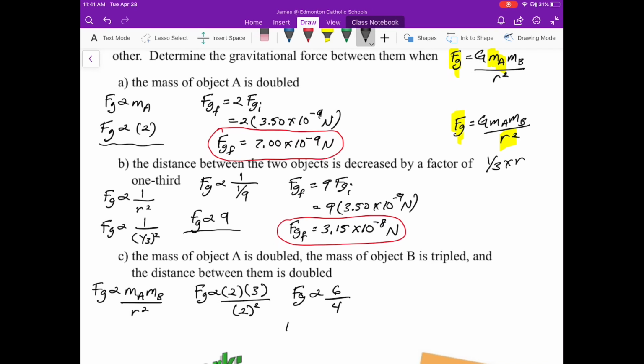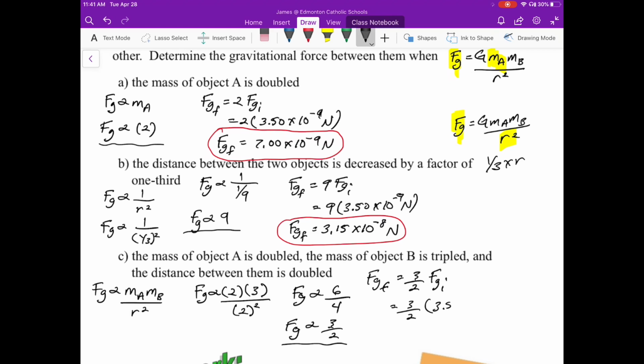So the gravitational force changes by a factor of 6 over 4 or 3 over 2. Doesn't really matter. You don't have to reduce the fraction, but I just did it out of habit. So that means that the final gravitational force is 3/2 of the initial gravitational force.